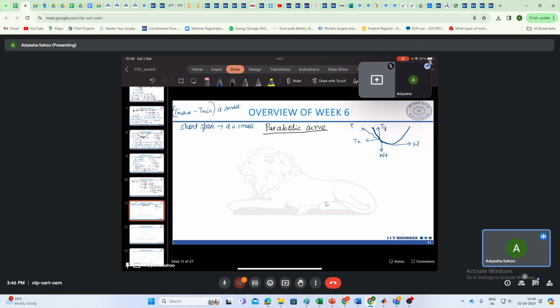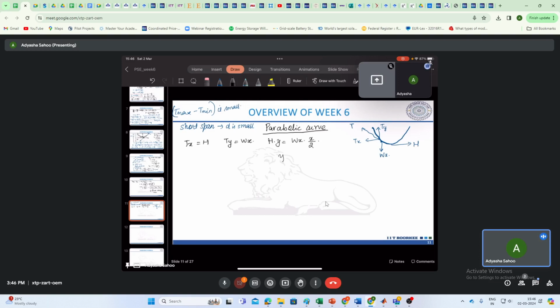So basically you'll get Tx is equal to H and Ty is equal to Wx, and equating the moment at this point, that will be tension times your y, and here it is Wx times x by 2.